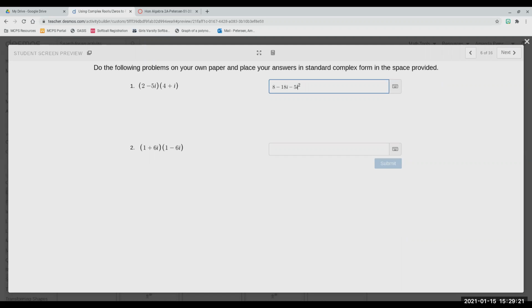Well, we know that i squared is just a negative 1. Now I can keep going. Negative 5 times a negative 1 is a positive 5. Notice what really ends up happening with that i squared is it's essentially just changing the sign of my value. What do I mean by that? Let's backtrack a second.